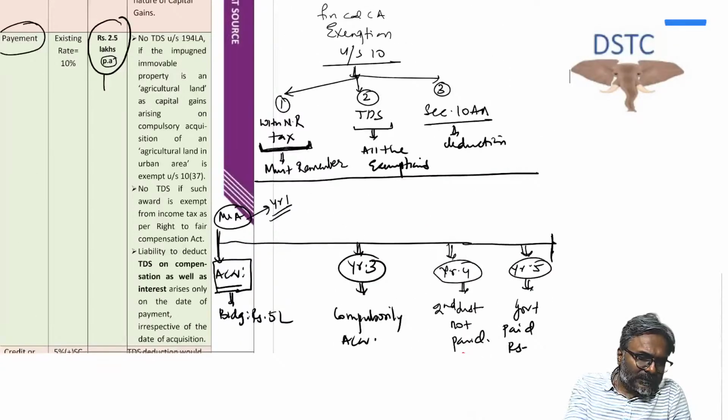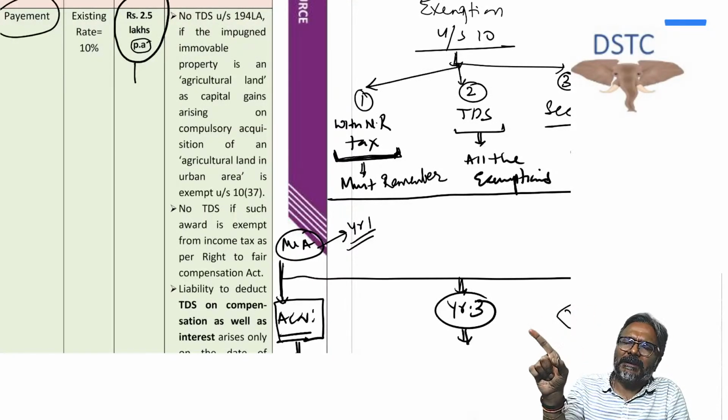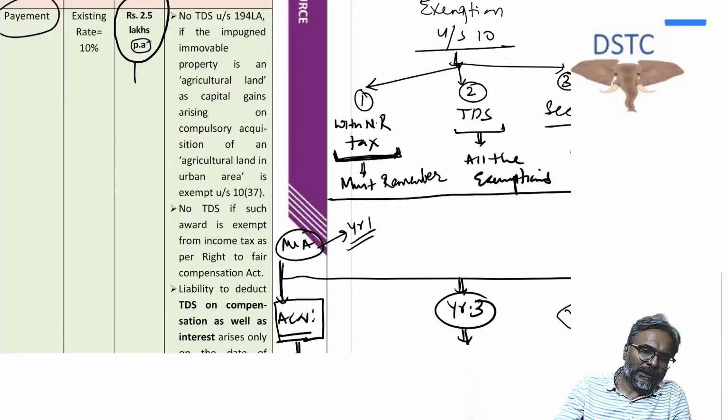Now one more exemption, students. If there is an exemption, then the payer making the payment, which is exempt in the hands of the payee, will not deduct the TDS. So which exemption are we talking about? It is section 10(37).